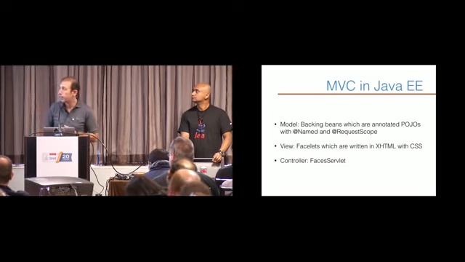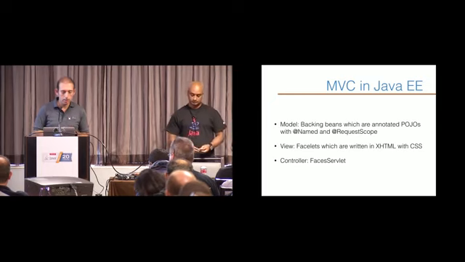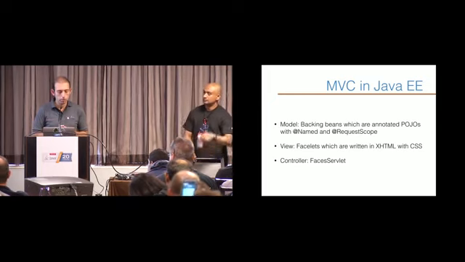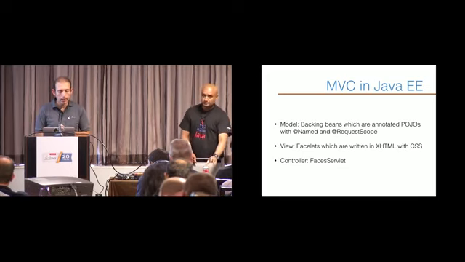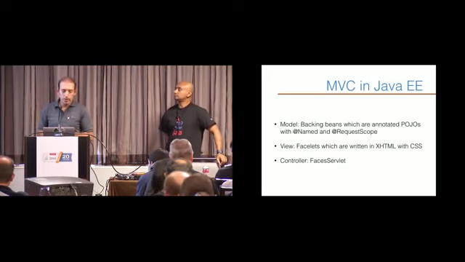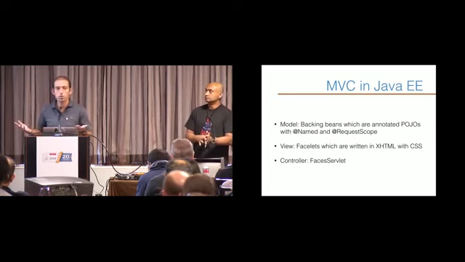So if you look at MVC in Java EE, the model is POJOs annotated with Named and request scope. The view is the Facelets, which are written in XHTML and, of course, with CSS. And the best part is the controller is something you don't need to care about.